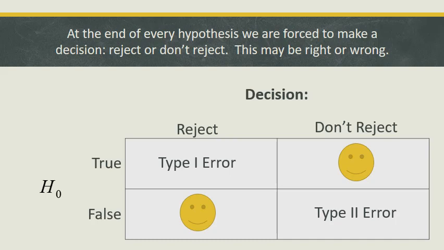Furthermore, type 1 error is closely linked with the concept of level. In fact, level is defined as the maximum allowed probability for a type 1 error. So if I say that a test has 5% level, then I'm also saying that I'm allowing up to 5% probability of type 1 error.